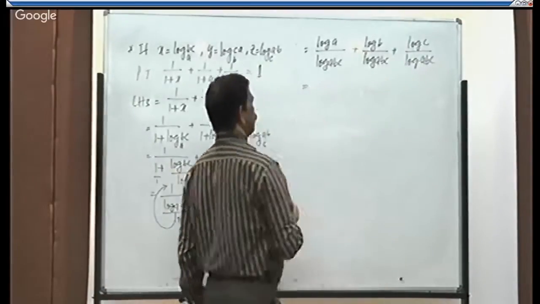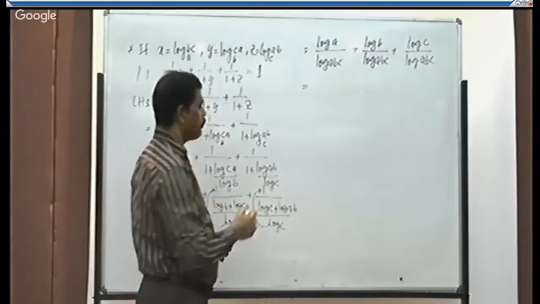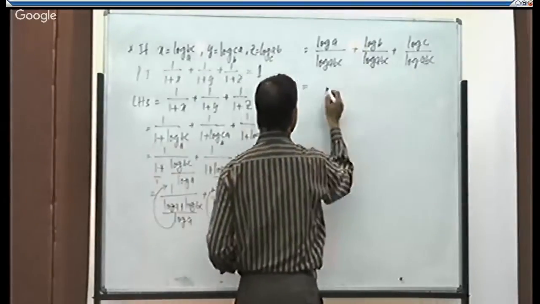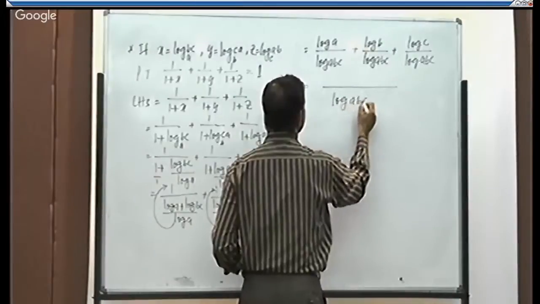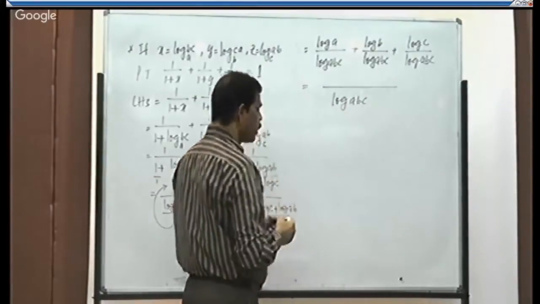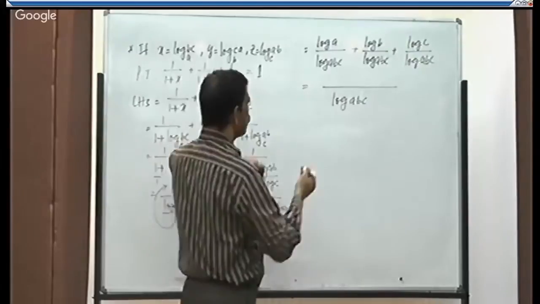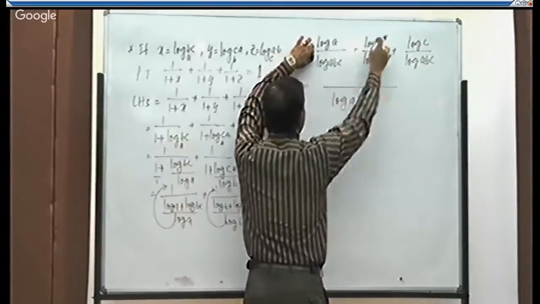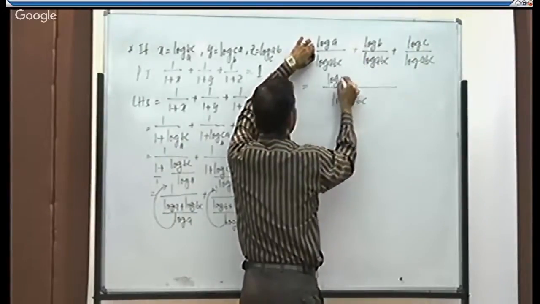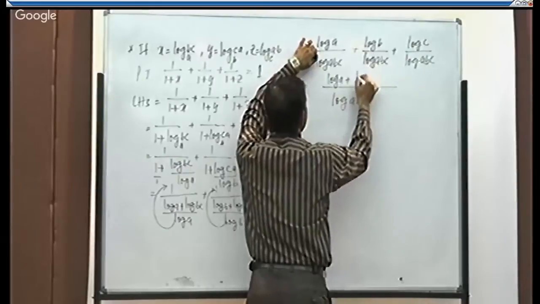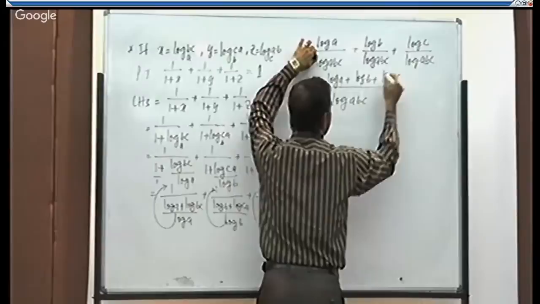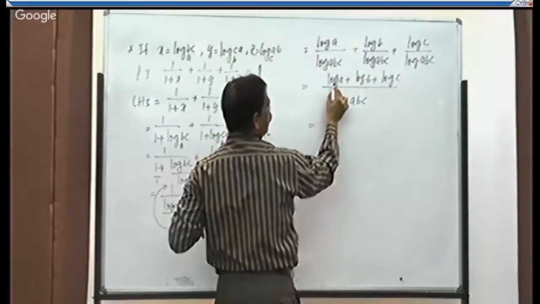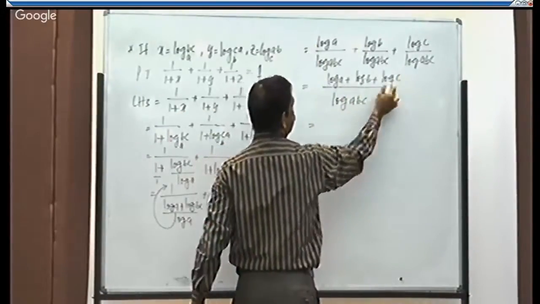The denominator of each term is the same. Therefore, again you take LCM for these three terms, log of ABC. When we have a common denominator, then the numerator will not be changed. You have to take it as it is. That means log A plus log B plus log C. First law, log M plus log N plus log P is equal to what?